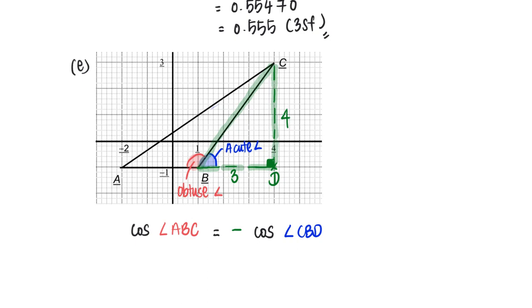Okay, and in order to find the cosine of the acute angle, we do need the length BC, right? So BC square is equals to 3 square plus 4 square by Pythagoras theorem. So I can get my BC pretty straightforward. It's 5 units.